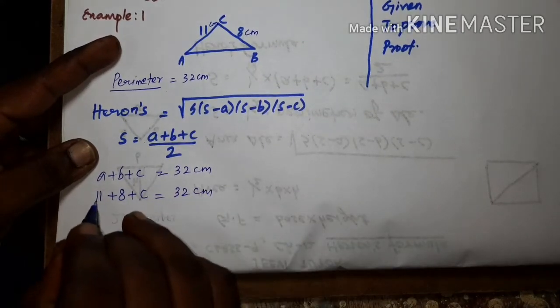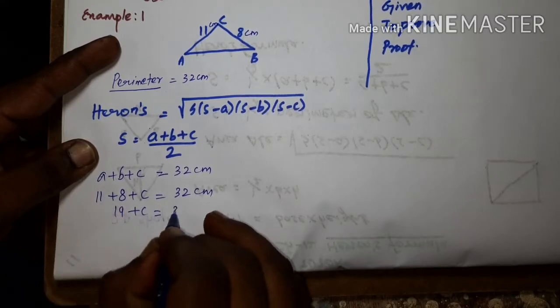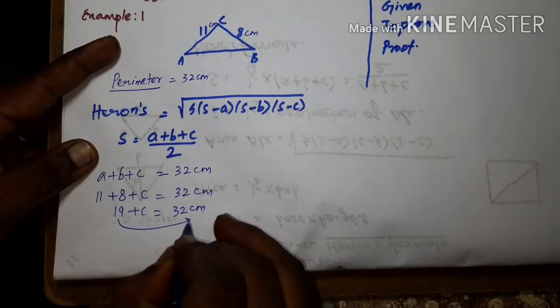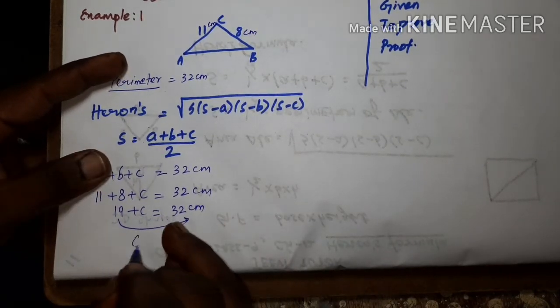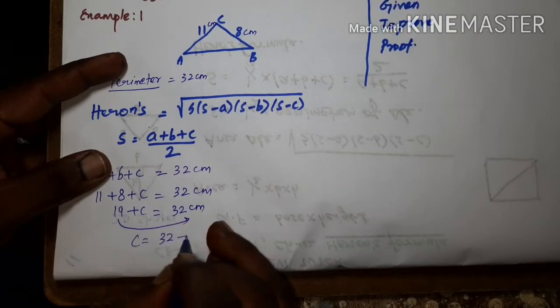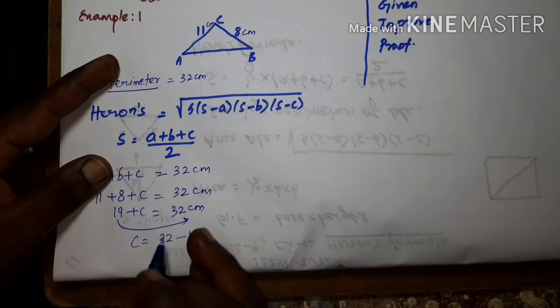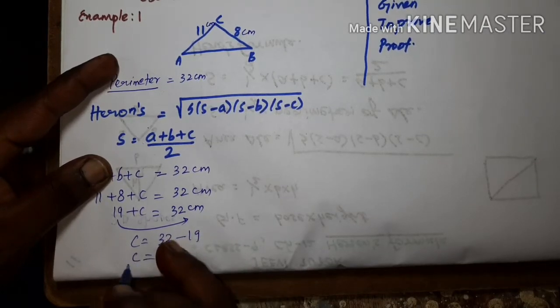And 11 plus 8 value is 19, 19 plus c which is equal to 32 centimeter. When I transpose that 19 into the right side, it is converted to the opposite sign, that means minus 19, and c is equal to 32 minus 19, and 32 minus 19 is equal to 13 centimeter.